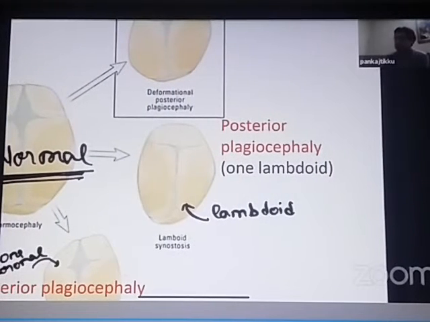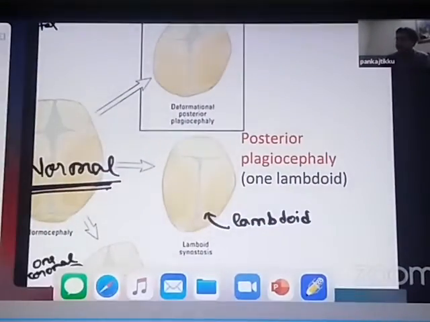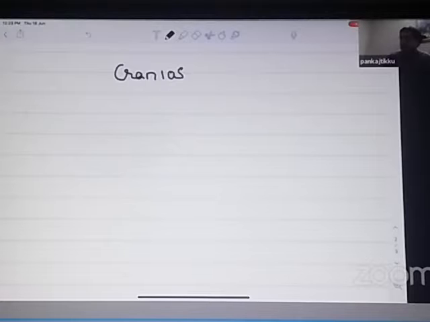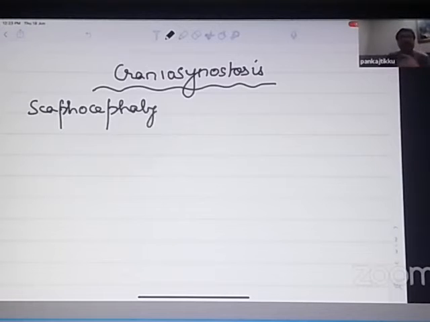Right? So let me write it here so that you can remember. What are the types of craniosynostosis that you should know? So scaphocephaly. Please don't write it. You have already, I think, written. This is just revision.